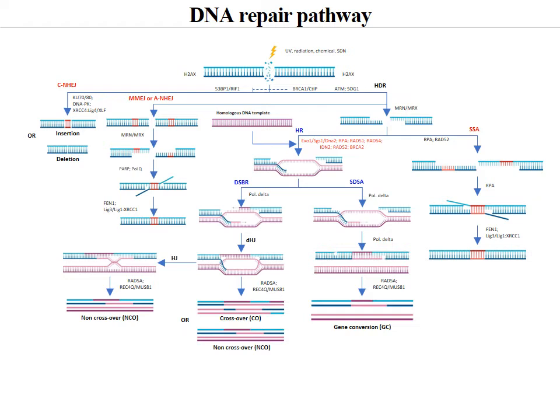Actually we cannot know which one they follow, but usually non-homologous end joining generates indel mutations. So if an indel mutation happens in the CDS region, it cannot generate a perfect mRNA and cannot generate protein.